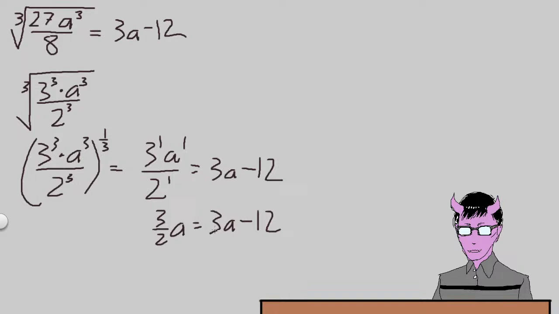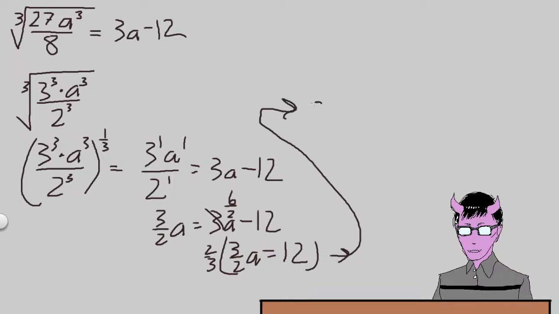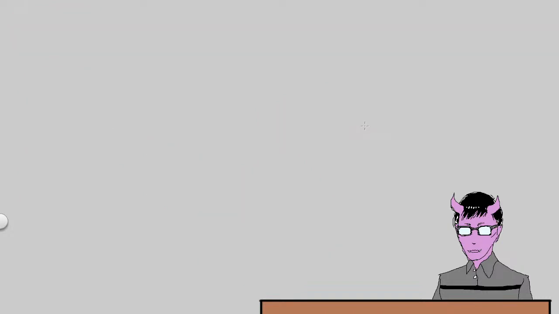You're going to get 3 over 2a is equal to positive 12. Multiply both sides by 2/3. So in finality, we're going to get a is equal to 4 times 2, which is 8. Lucky number 8. Alright, so that problem wasn't particularly difficult. So we're good with that one.